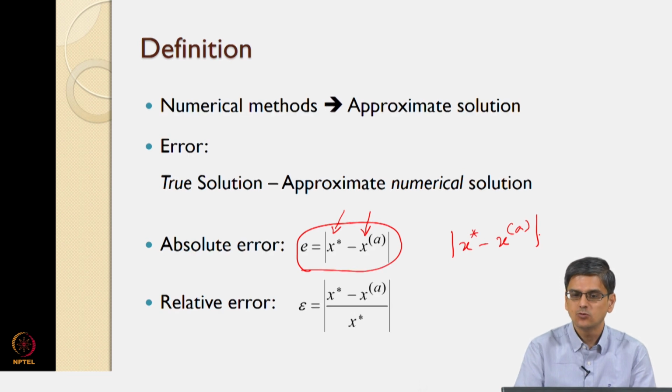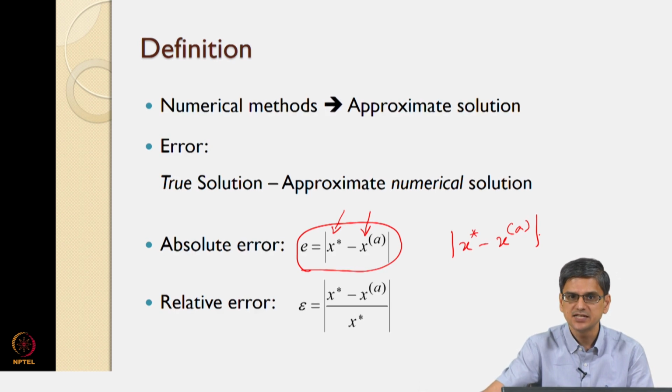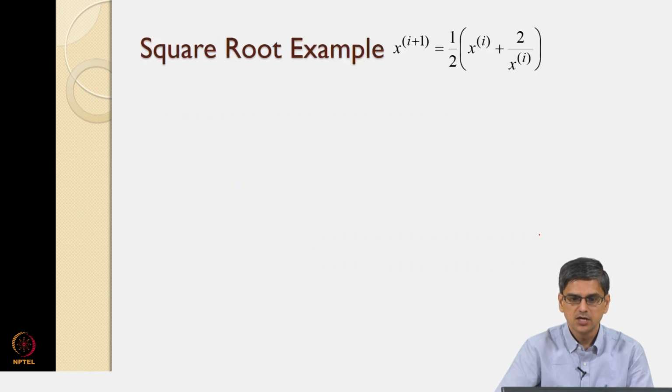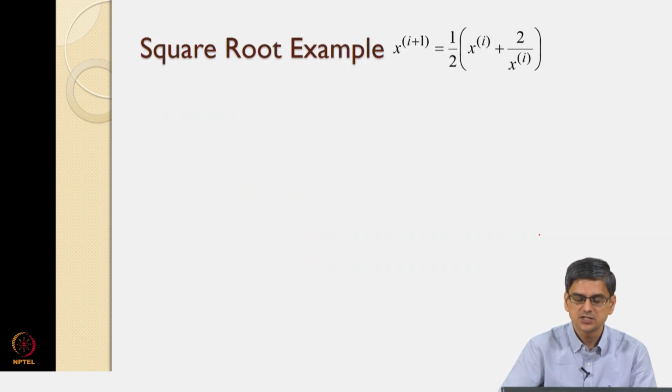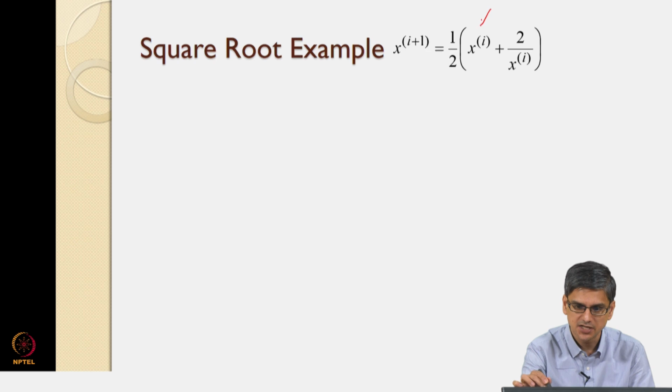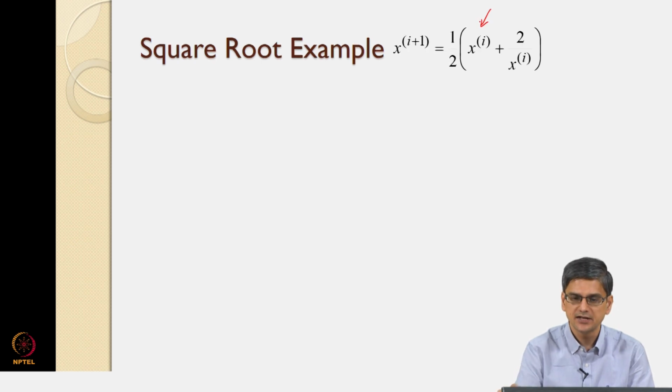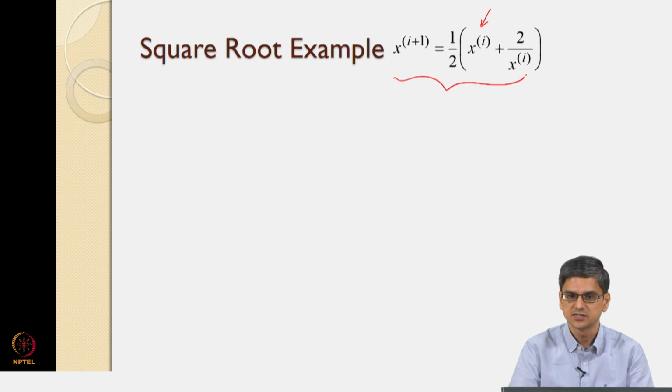Now let us go over an example and see how we can use our numerical technique to find the solution. Let us take the square root example, which, as we said, is an iterative example. We start with an initial guess x i, and iteratively use this equation to improve the initial guess. Let us do it in a structured manner.